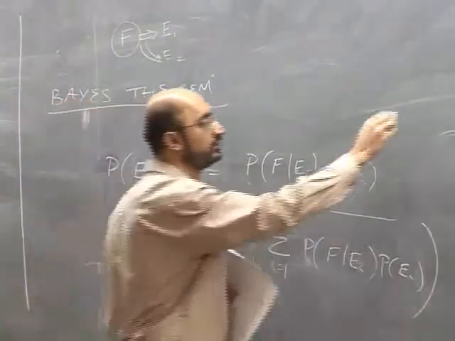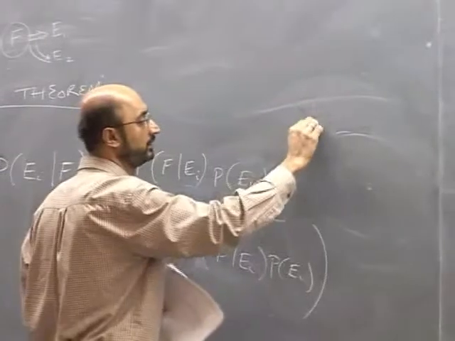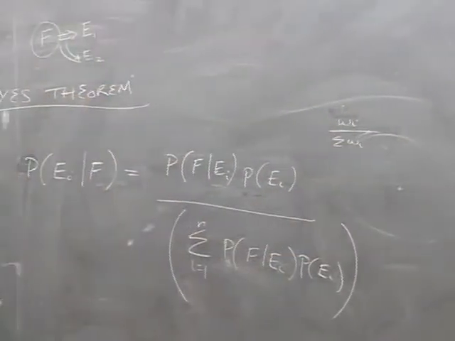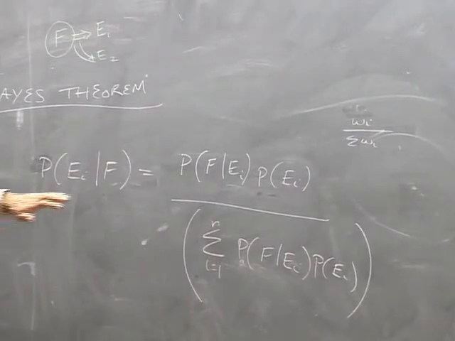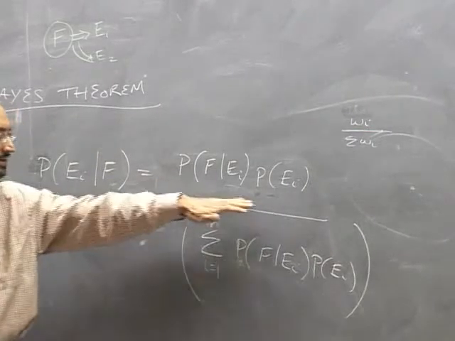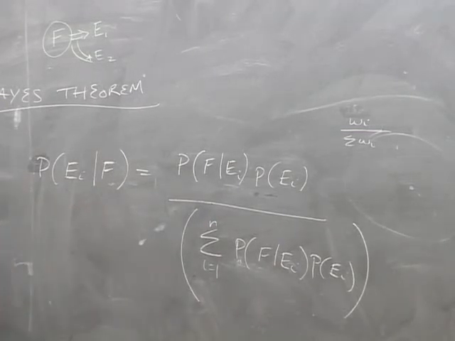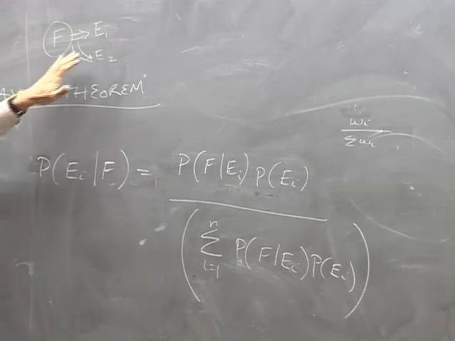This is similar to W_i over the sum of W_i. Just think of it as that. And the term P(F given E_i) P(E_i) is the amount of probability we can ascribe to the prior E_i.